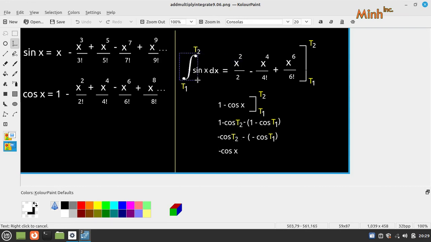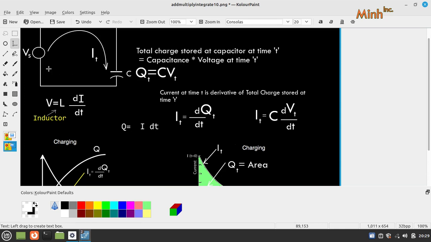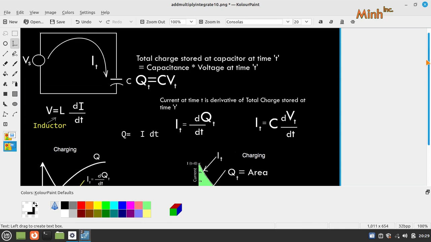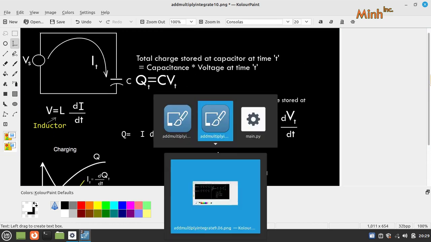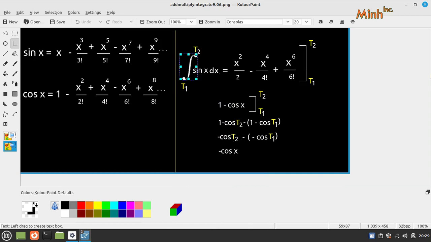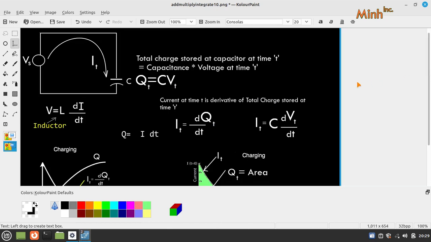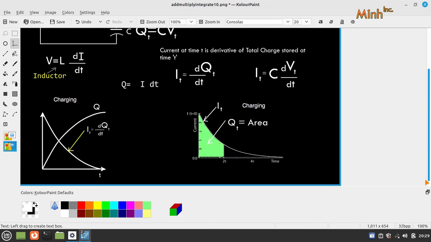Okay, so integration sign is a little funny. So this is the scenario here. Okay, it is not pasting at all.